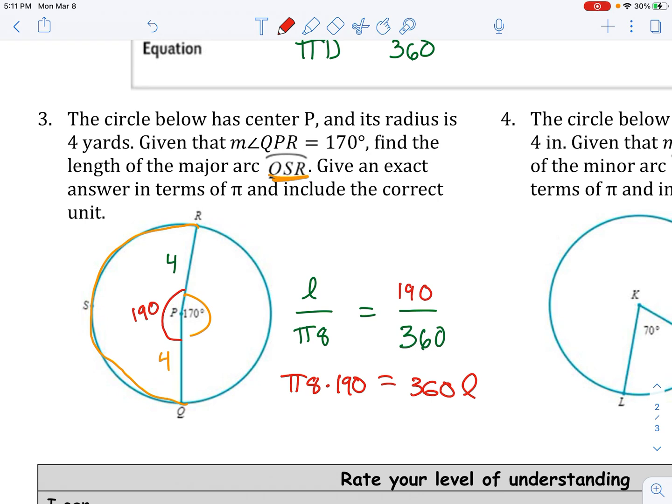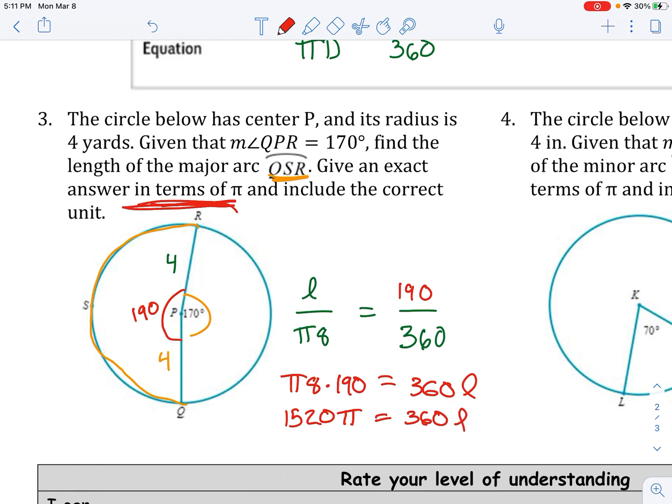I'm actually not going to multiply that pi in, though, because it says it wants us to leave our answers in terms of pi. And basically what that means is we're not going to multiply pi into our answer. It's just going to be a part of our answer. So I'm going to do 8 times 190, and I get 1,520. I'm going to keep that pi where it is and set that equal to 360 times L.